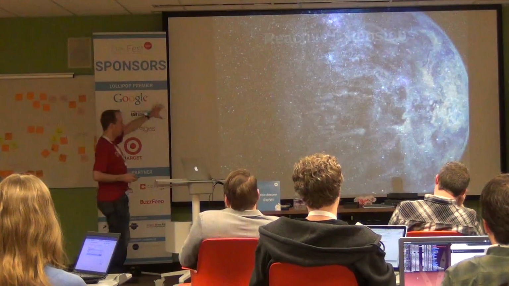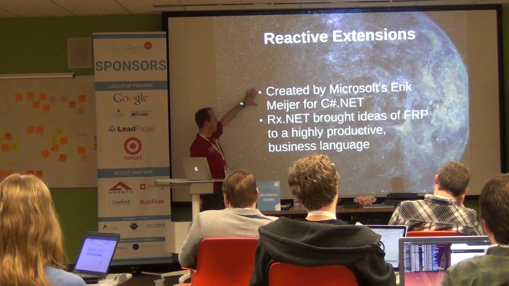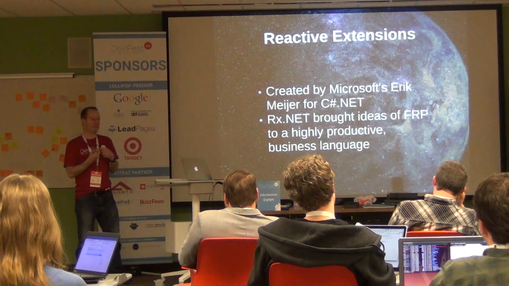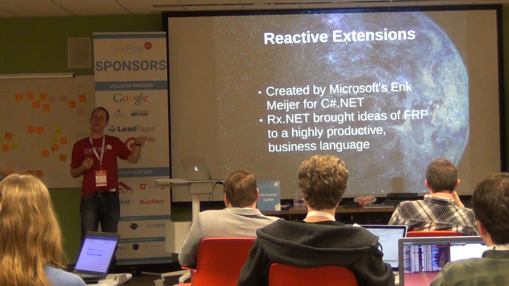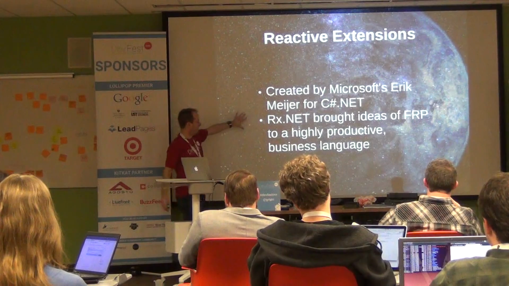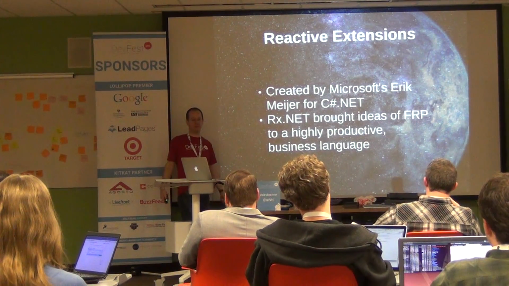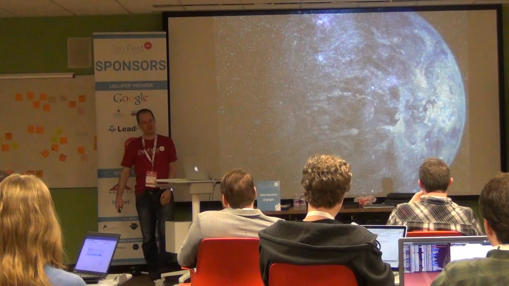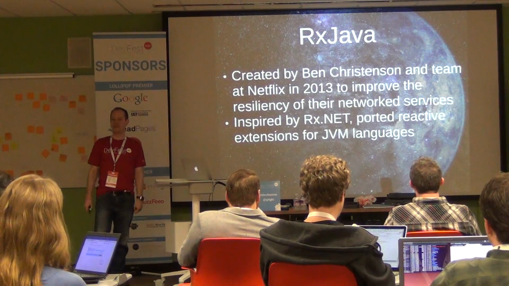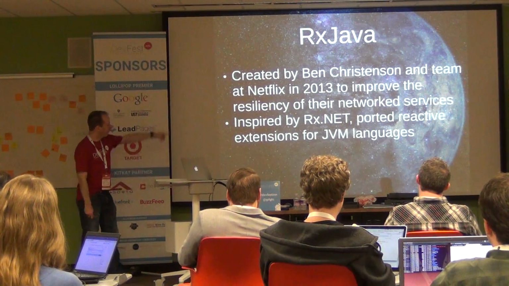So, moving on from FRP, along comes this guy, Eric Meyer from Microsoft, reads Ray Ozzy's memo, and decides, hey, let's implement something for C#.NET based on these FRP ideas, and that's going to be Rx, the first reactive extension library. So one guy leaves Microsoft and joins Netflix, named Jafar Hussain.